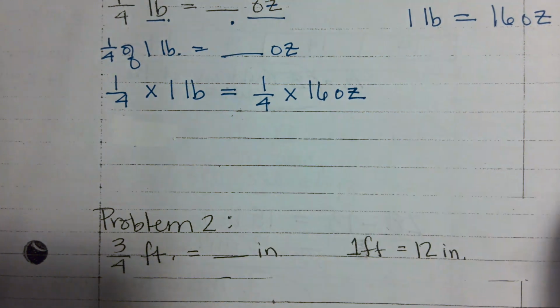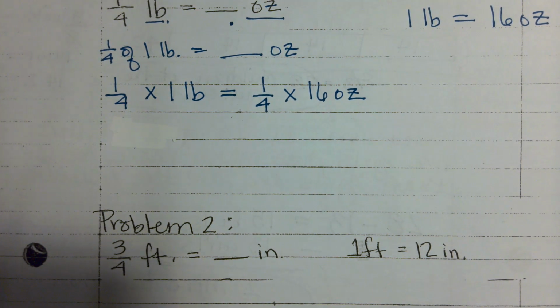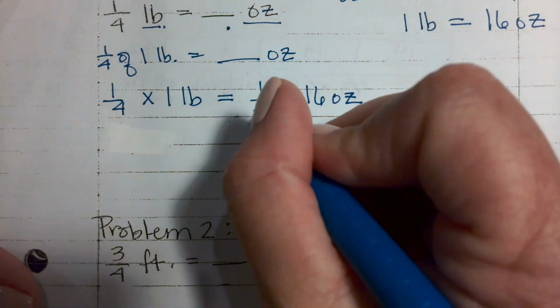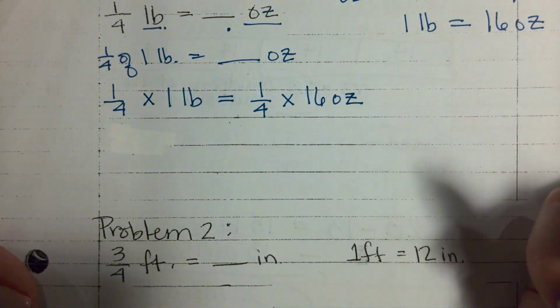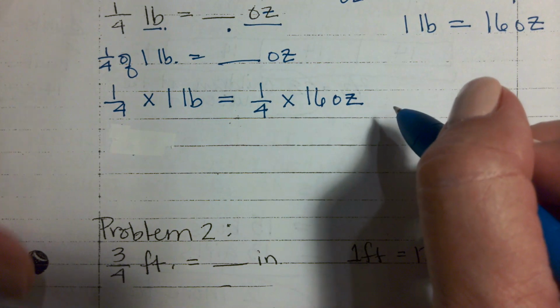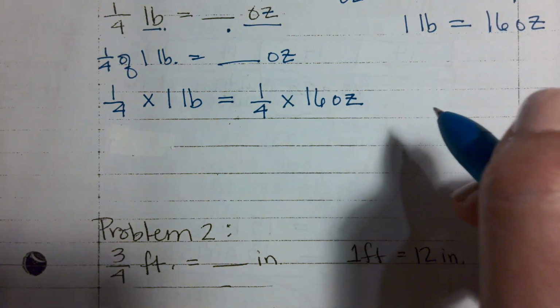Okay. So how will we find how many ounces are in 1/4 of a pound? Well, we just find 1/4 of 16, right? So we can multiply 1/4 times 16, right? It's a fraction of a set. We did that in the previous lessons. We just multiply 16 by 1/4.